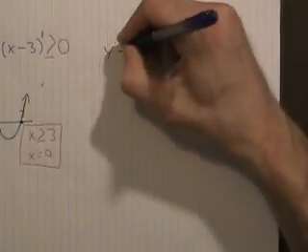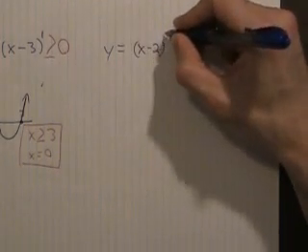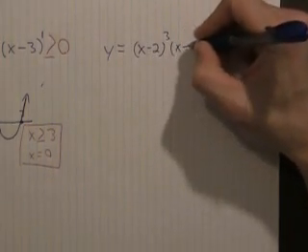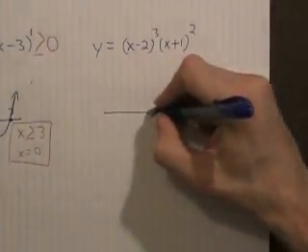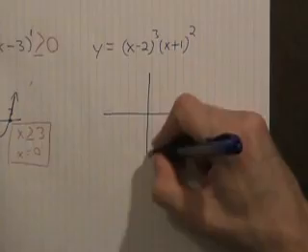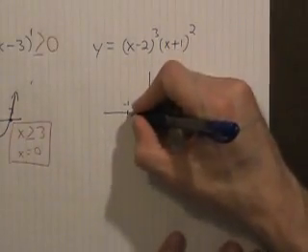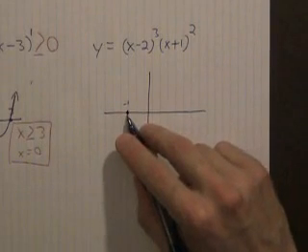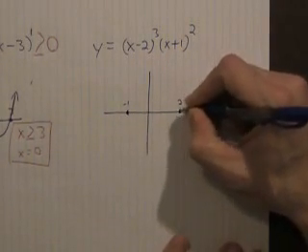If I say y equals, we'll say, x minus 2 cubed times x plus 1 squared. Again, it's the same deal. Draw out the axis. Where are the zeros? At minus 1, it's going to contain that point, and at positive 2, it's going to contain that point.